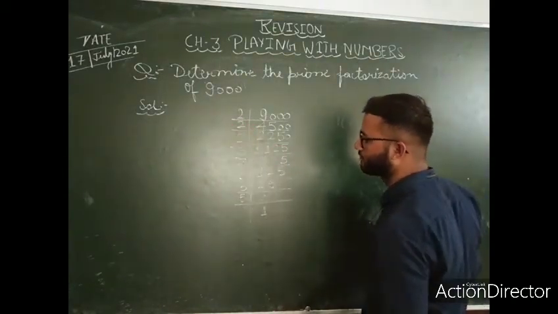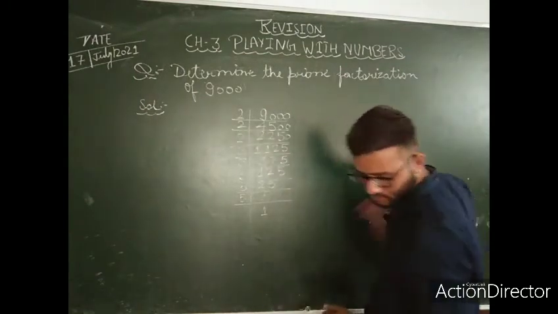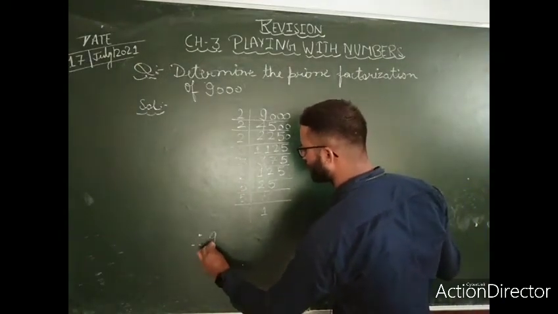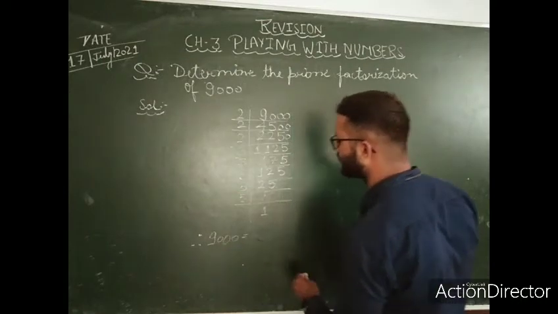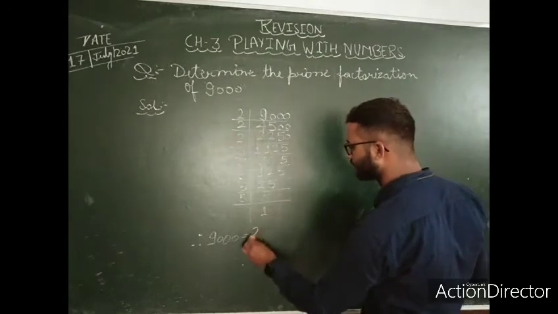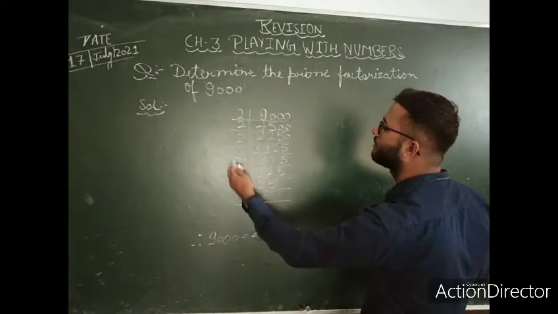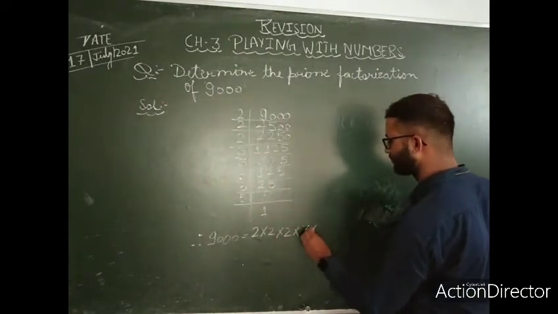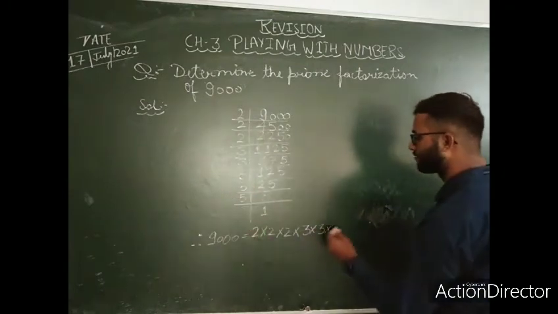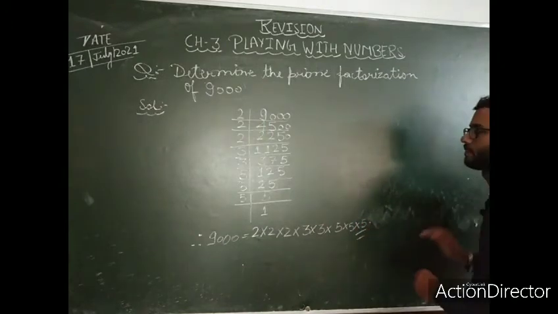Therefore the prime factors of 9000 are equal to 2 multiplied by 2 multiplied by 2, 3 times, then 3 multiplied by 3, then 5 multiplied by 5 multiplied by 5, total 3 times.